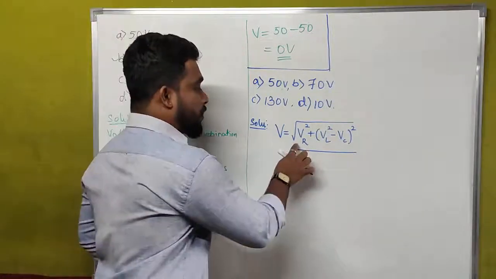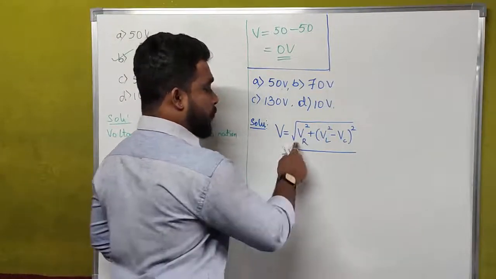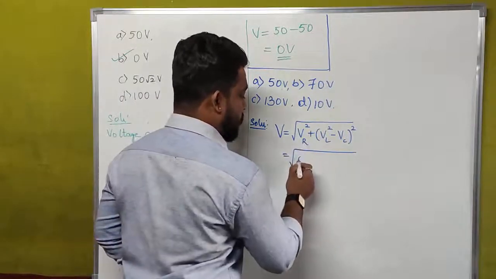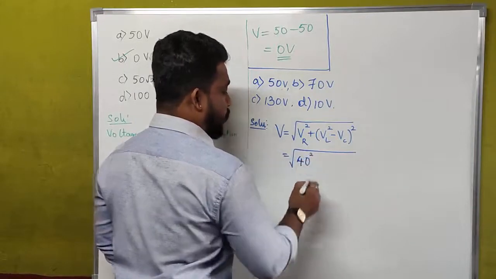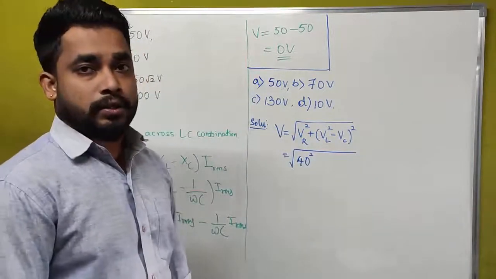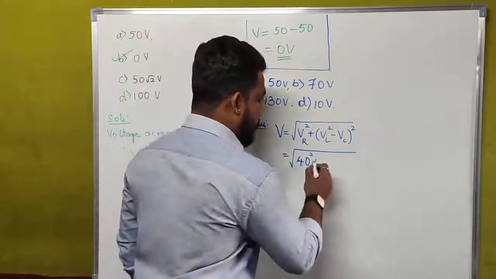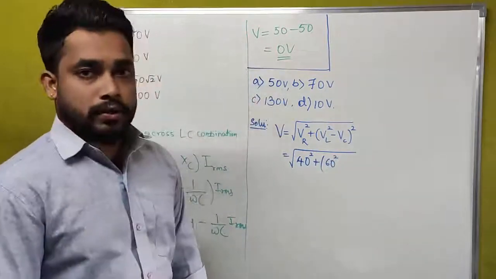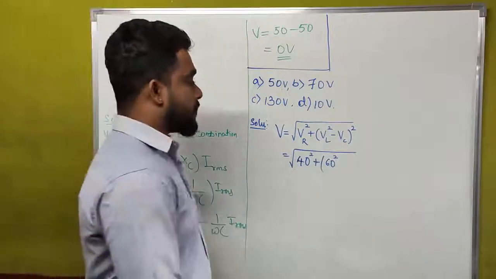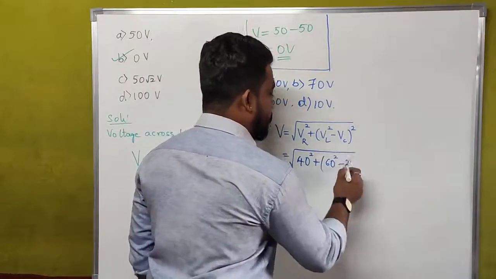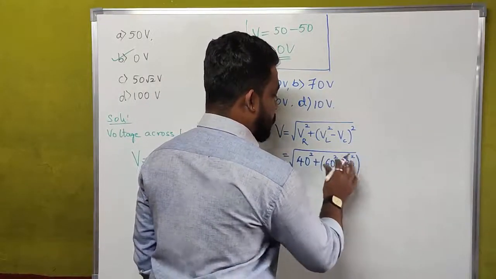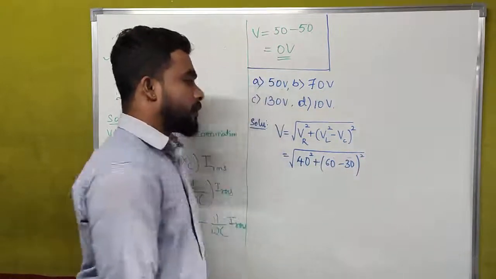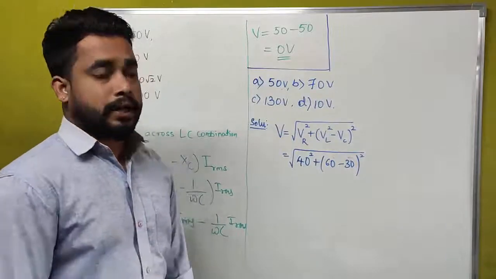Voltage across resistor is 40 volts, voltage across inductor is 60 volts, and voltage across capacitor is 30 volts. Sorry, the square should be outside the bracket.